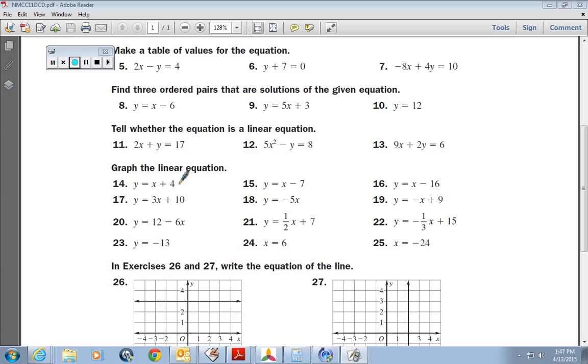The first time, I'm going to figure out what y is. Remember, y is the output. I'm going to figure out what y is when I make x 0. So if I replace x with 0, what is 0 minus 6? Negative 6. So that means that when I make my input nothing, when I make it 0, my output, my y, ends up being negative 6.